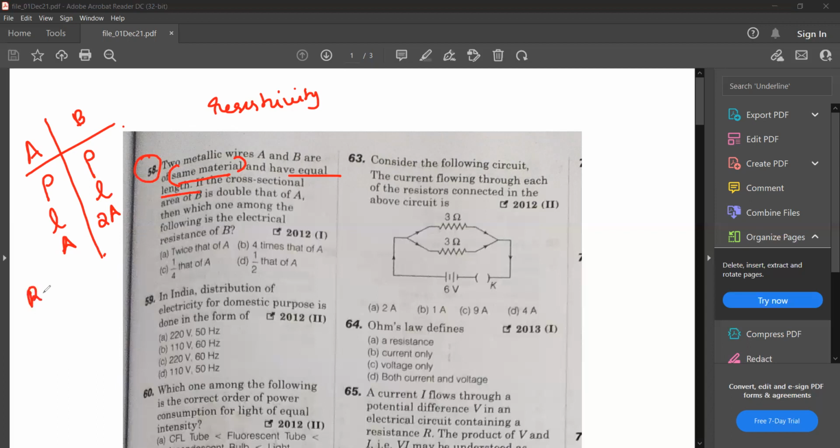So, resistance R is equal to rho L by A. For the first material, RA is equal to rho L by A. For the second material, RB is equal to rho L by 2A.